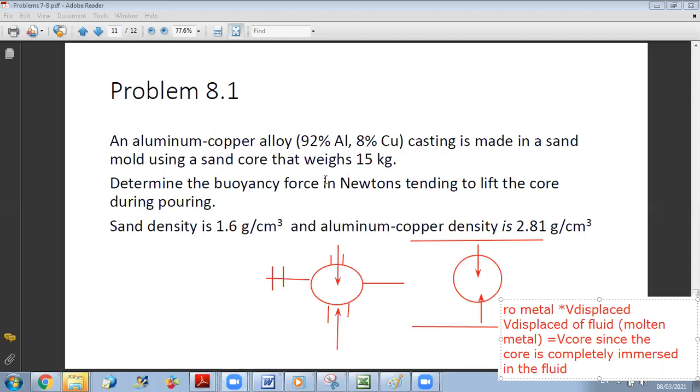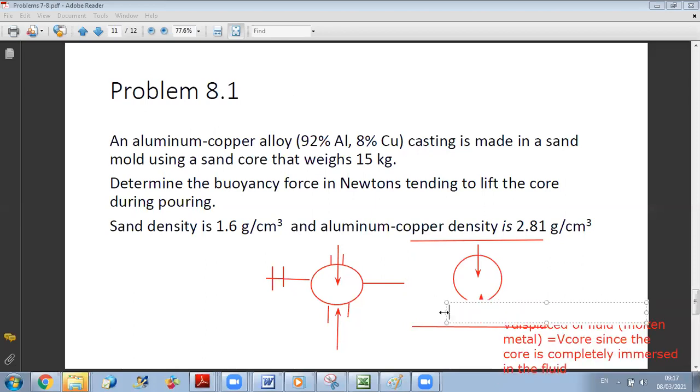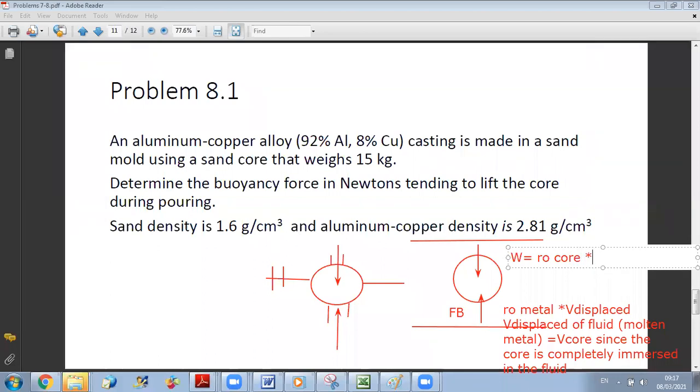Okay, now, this is how we calculate the buoyancy force. Concerning the weight, the weight will be equal to the density. So here is the difference. For the weight, we take the density of the core, okay, not of the metal: density of the core times volume of the core.